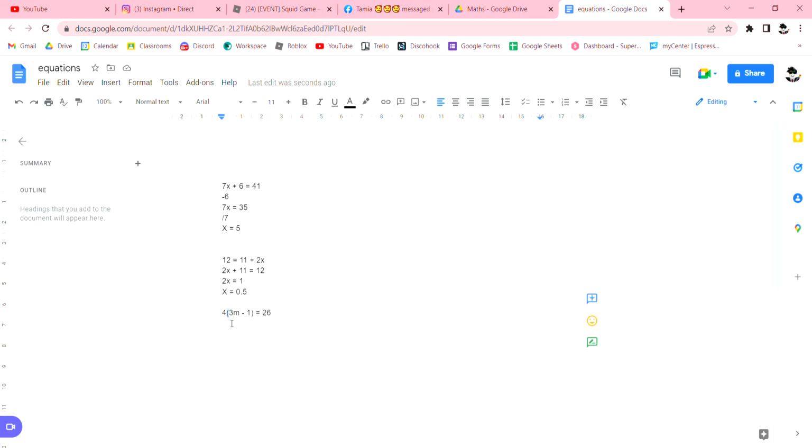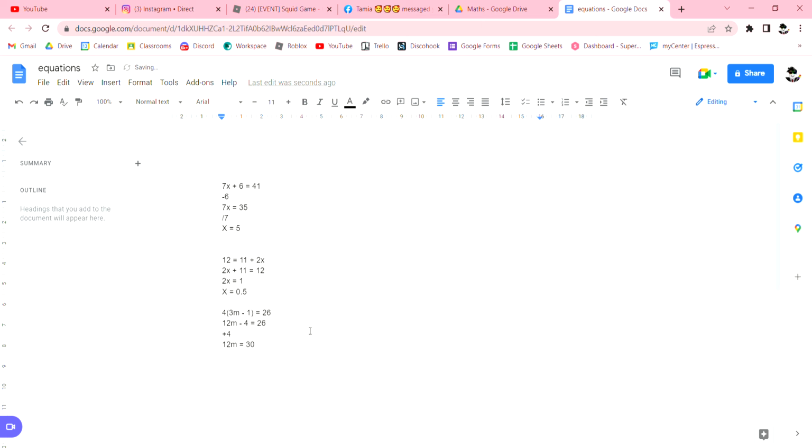We do that by multiplying this 4 by these two numbers here. So you end up with 12m minus 4, because we multiply 4 by 3 to make 12, then 4 by 1 to make minus 4, equals 26. Then we do what we've done normally: we add the 4, which gets us to 12m equals 30.